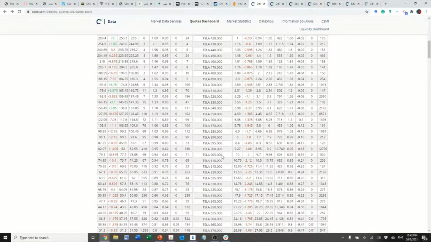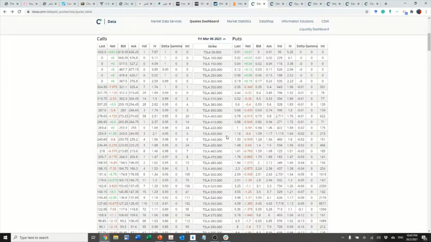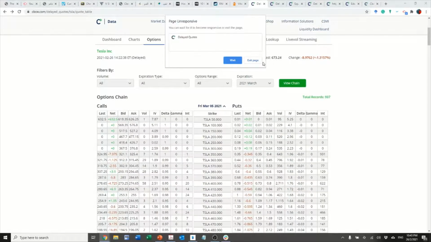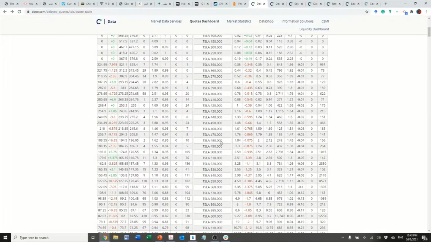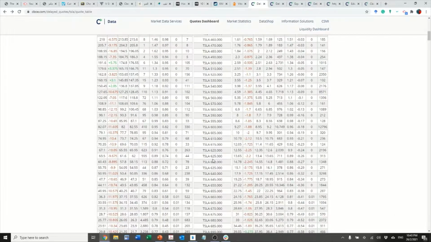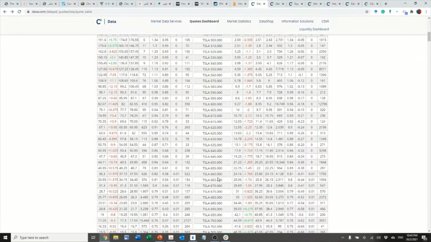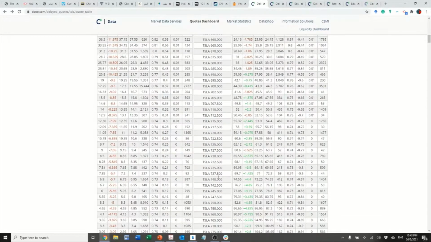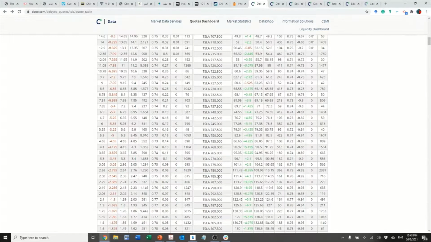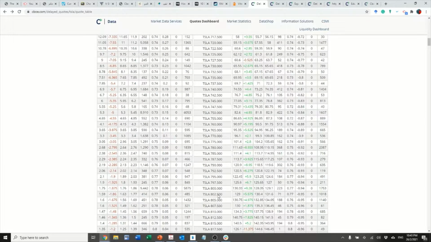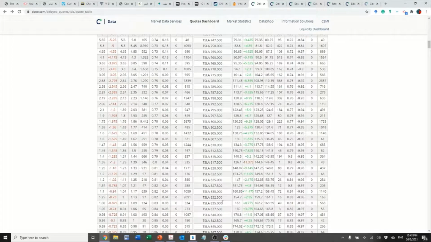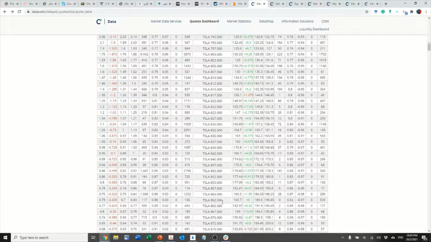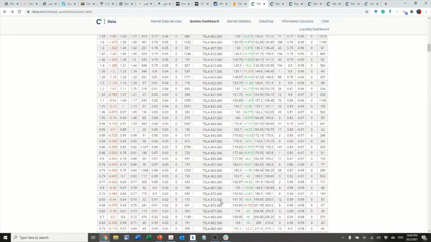As the option becomes closer to the price, which is 673, then the increment changes to be 5, and then it returns back to an increment of, as opposed to changing to the increment of 10, it became an increment of 2.5.